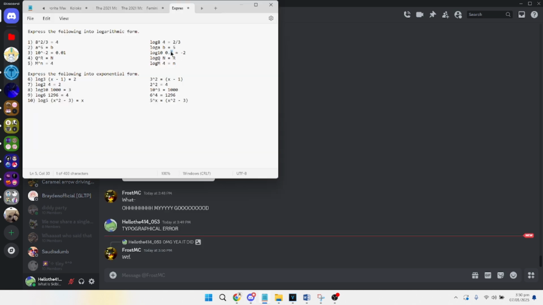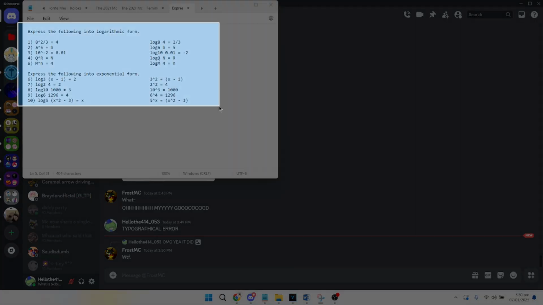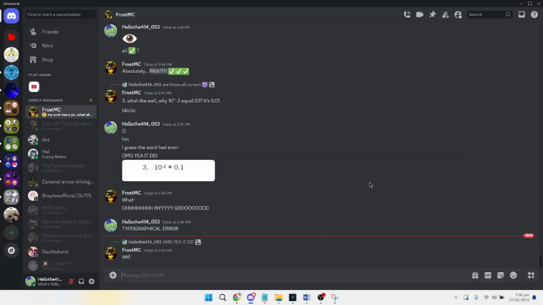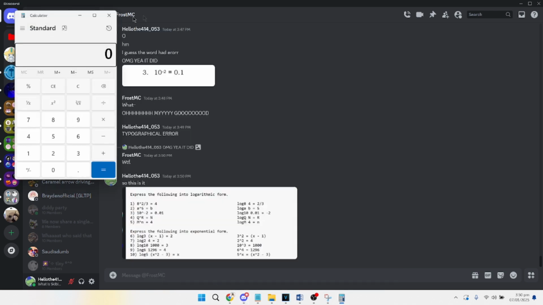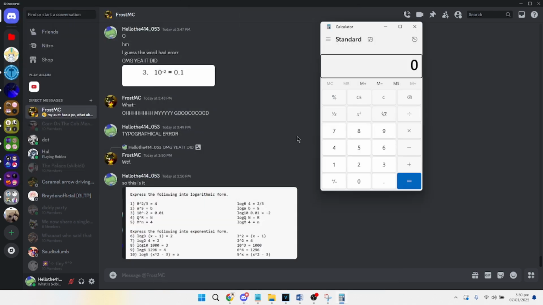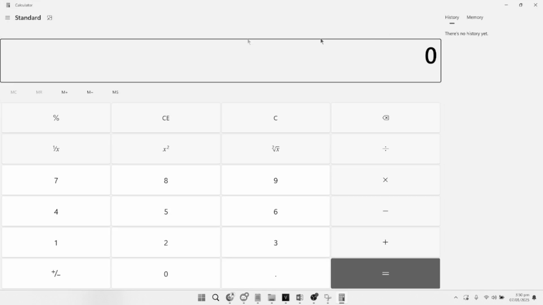So my answer would be this then, and to make sure that it is indeed equal to 0.01. Okay, how do you do this?